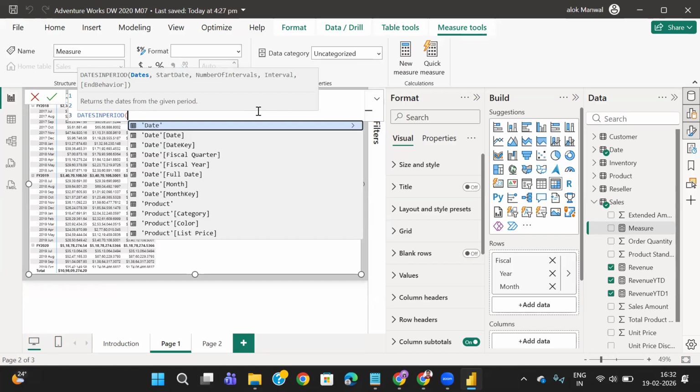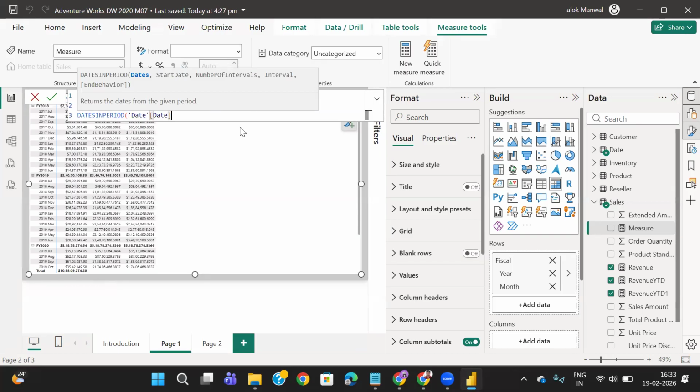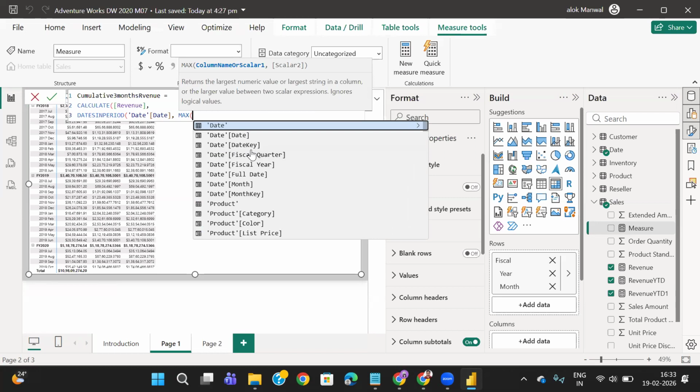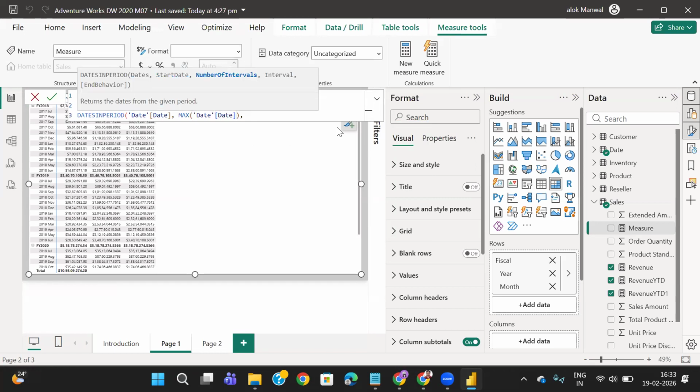So first I'm taking the date, then I'm taking the max date. And you know what the max date is? Max date is whatever date is selected, and I just want to get the data of 3 months back.